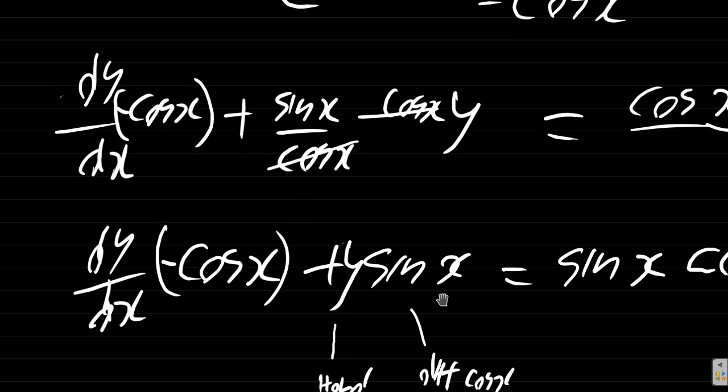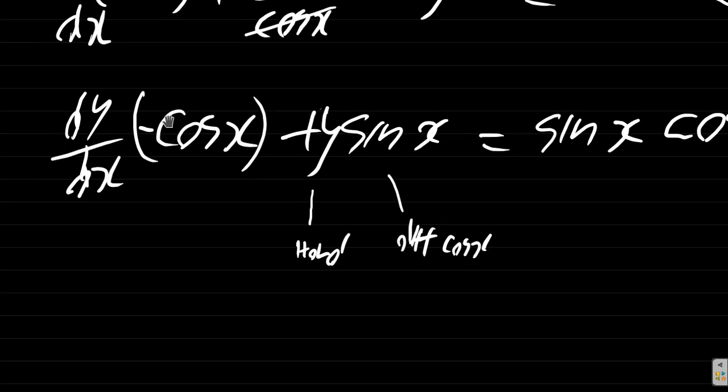Alright, it's negative. Now, here, I notice that this is really the result of differentiation using the product rule. You hold y, differentiate negative cos.